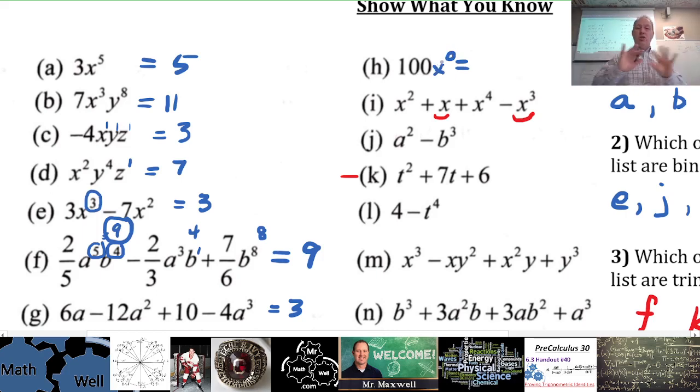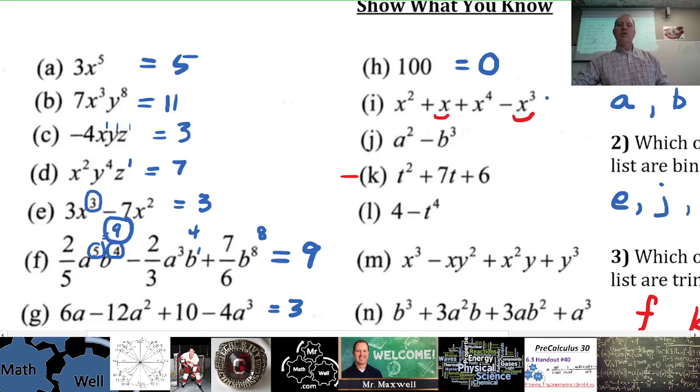So 10x to the power of 0, x to the 0 is the same as just 100. So this is 0. If there's no variables, if it's just a constant, it's 0. Just remember that.